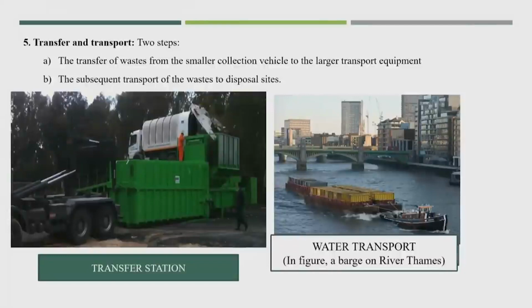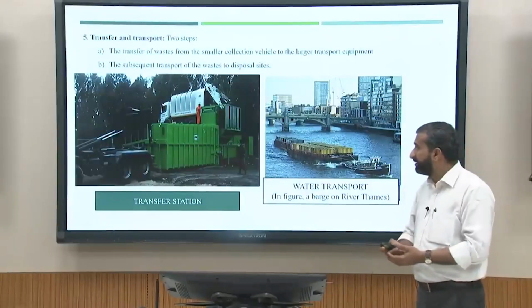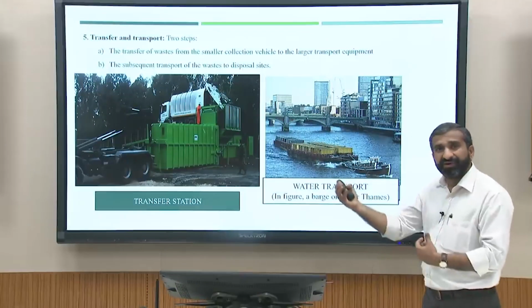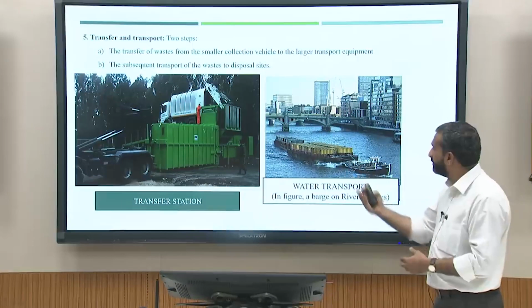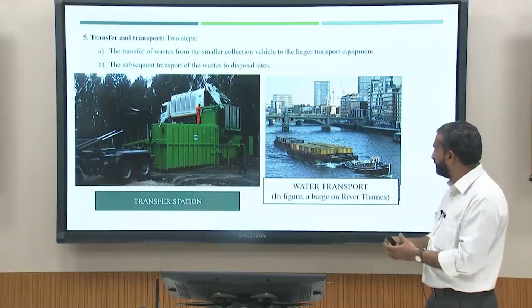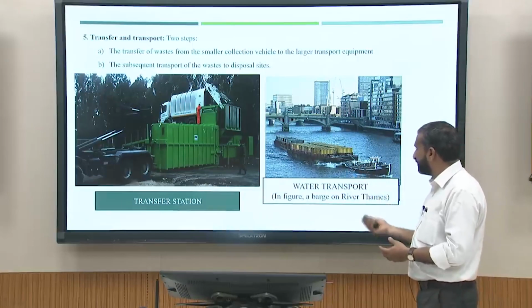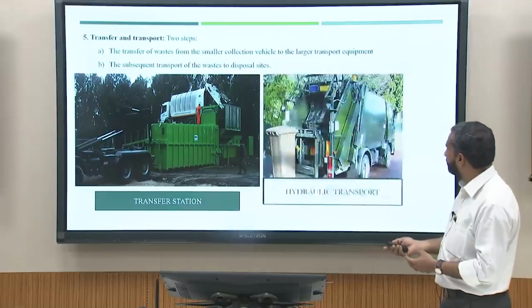There is also water transport. Some countries do not have large areas of land available, and their landfill or treatment facility is relocated to some other part of the sea, so the waste has to be transported by water.